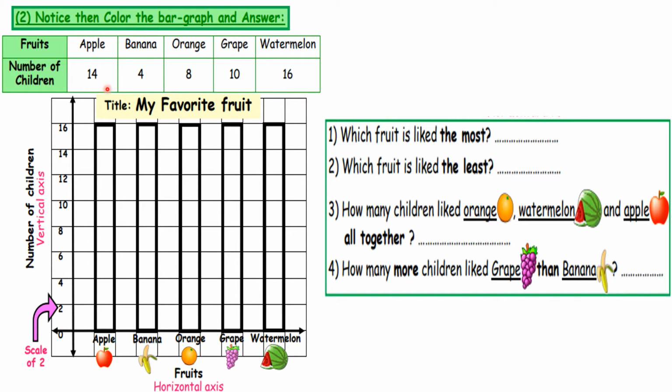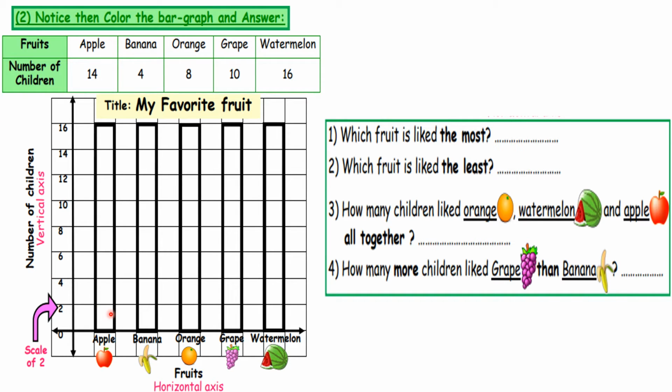So I will color the bars to collect the data on the bars. But before we start, we have to look at our scale. This is skip counting by 2, so every bar represents 2. Let's look here. First thing we have here is apples. How many like apples? We have here 14 children like apples.